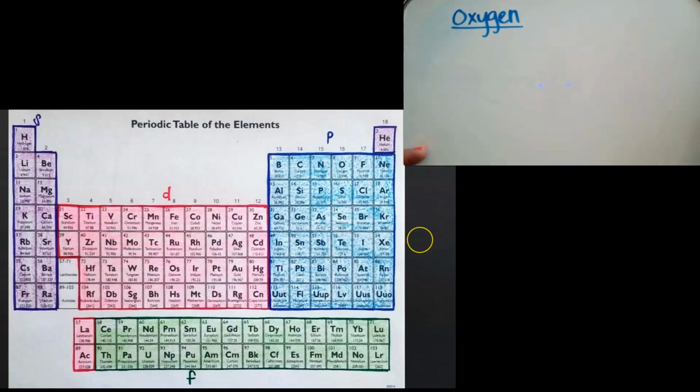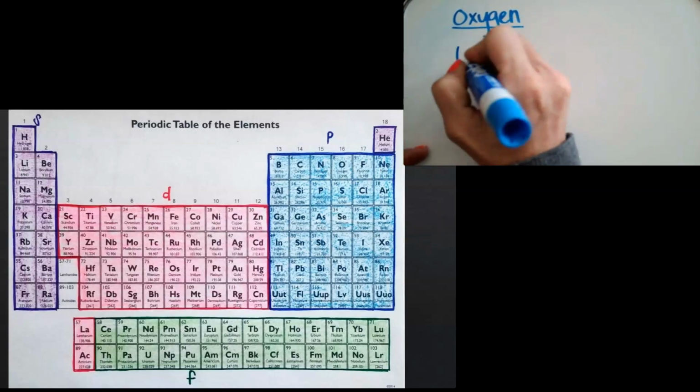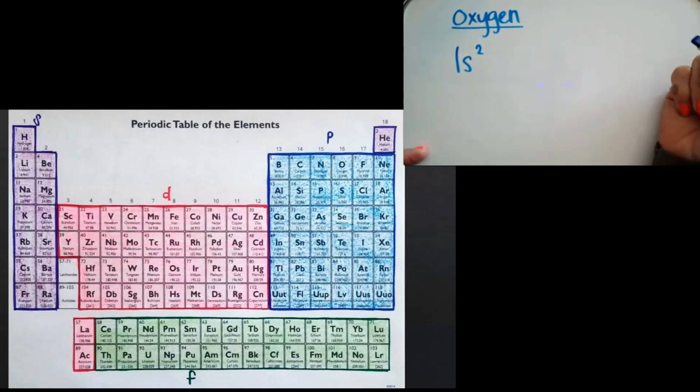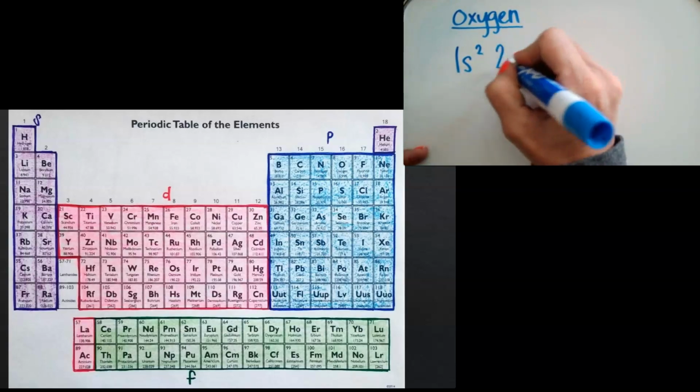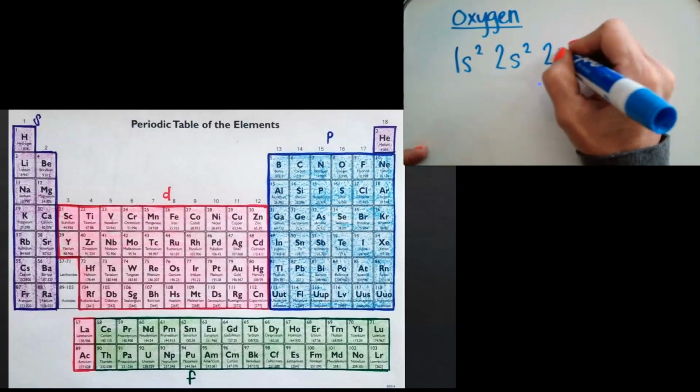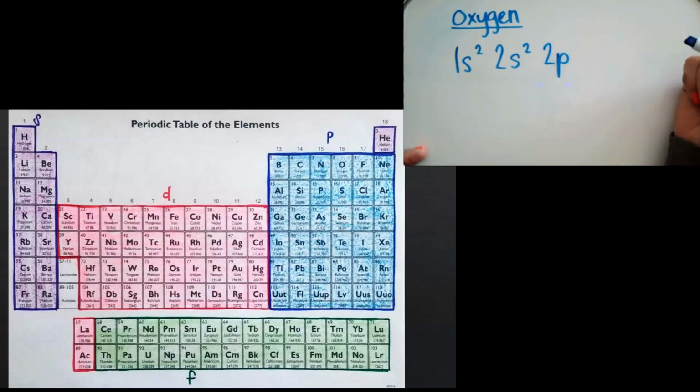We would start, as always, with 1s, and 1s is going to have 2 electrons in it. The next one is 2s with 2 electrons in it. And then finally, we're going to go to 2p, and that has 4 electrons in it.